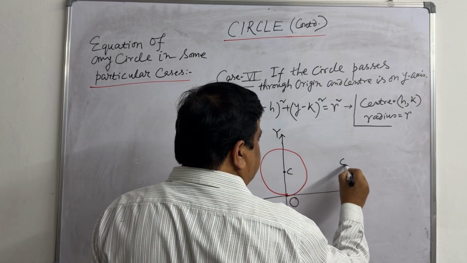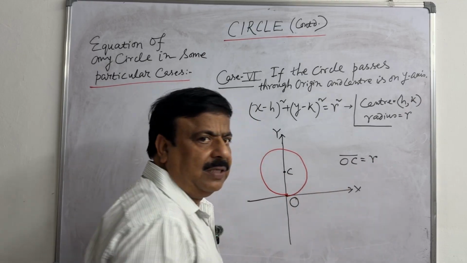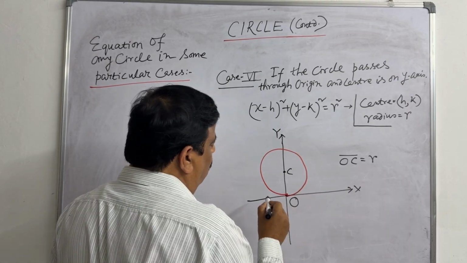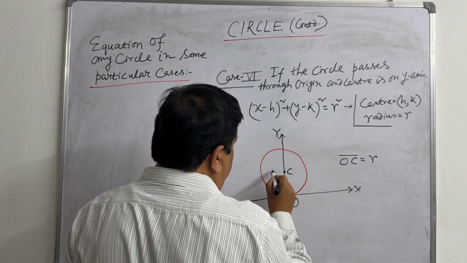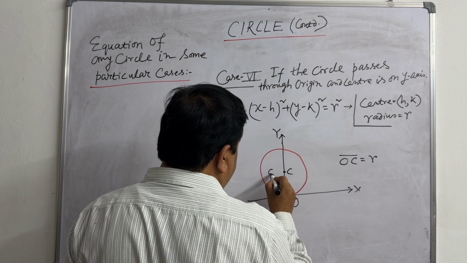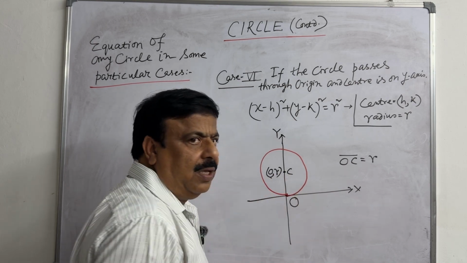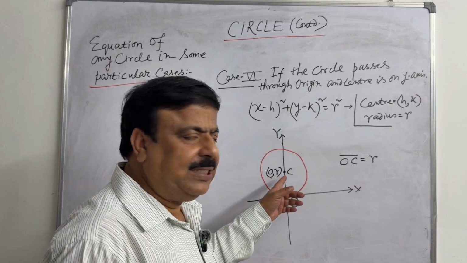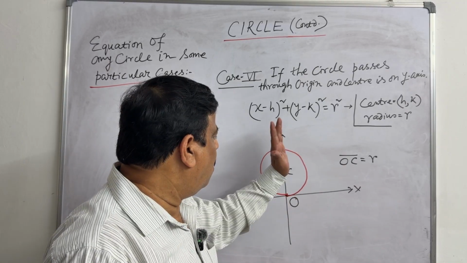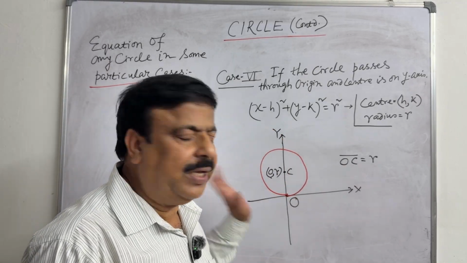Here OC is the radius of the circle, the length of OC. So obviously the coordinate of C will be (0, r), because the abscissa of any point on the y axis is 0.